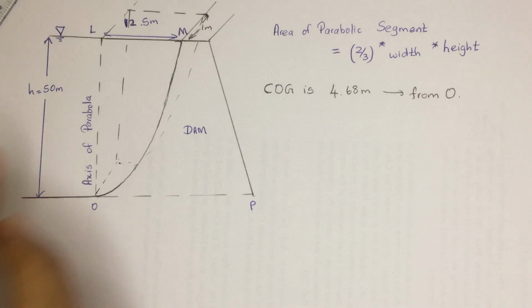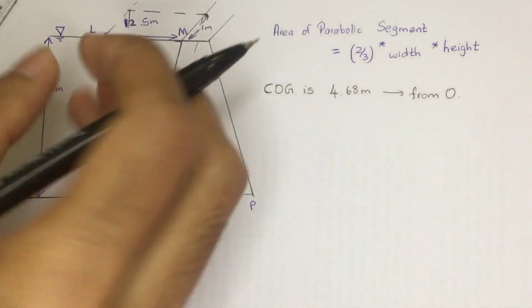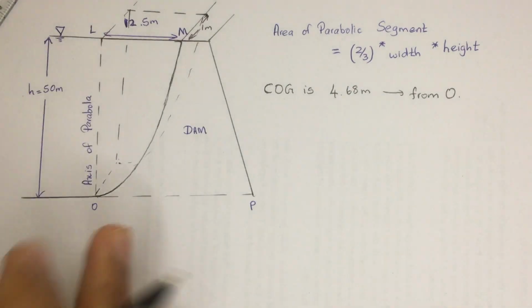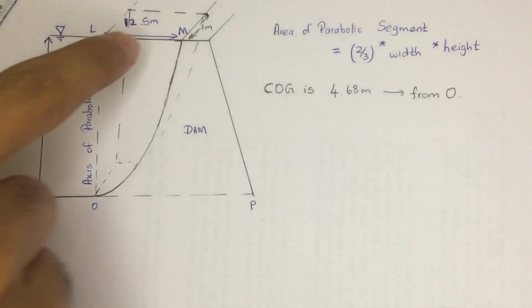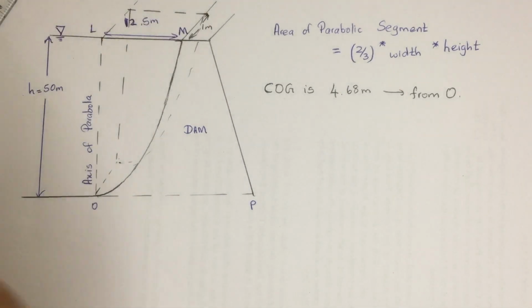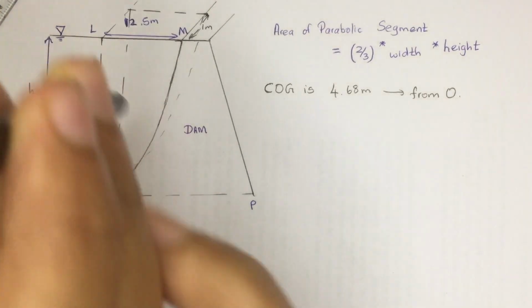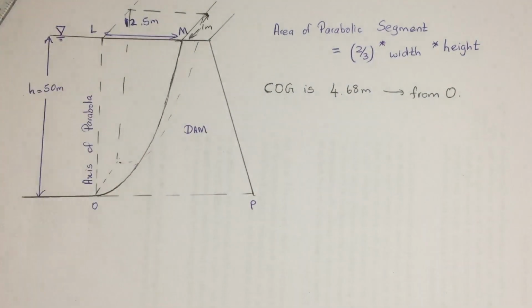If you draw that, we can see that it also extends out of the paper and inside the paper. When you are considering this volume, it's going to extend out of the paper too, and inside the paper also. It's going to have the dam's part, and out of the side also they are going to have the same part. Which means the force acting in this plane, in this side, in the vertical direction is going to be 0.